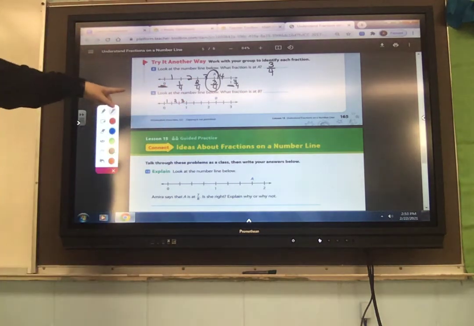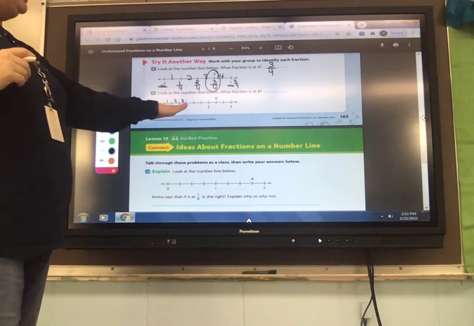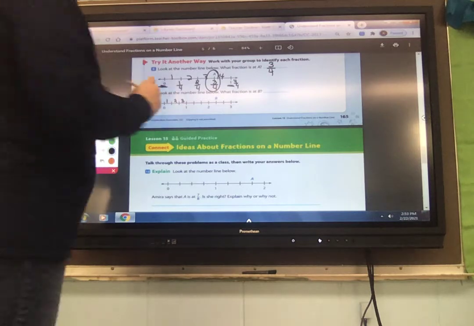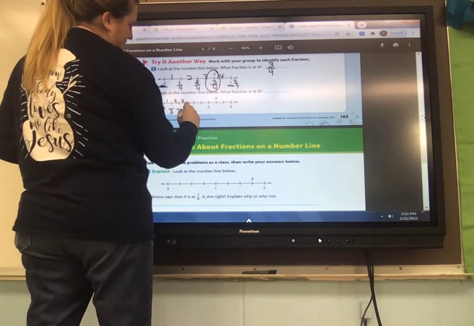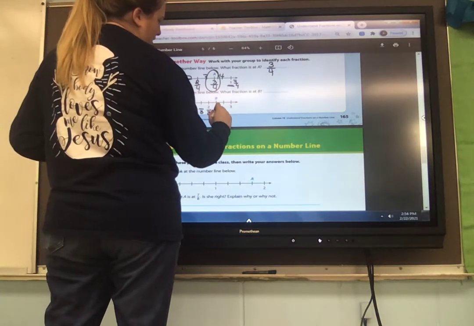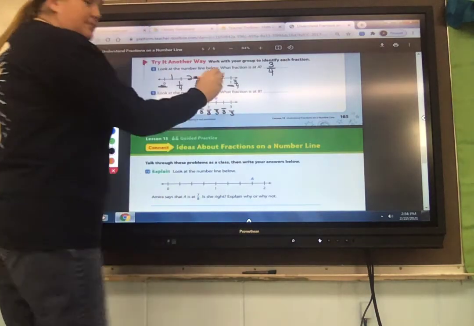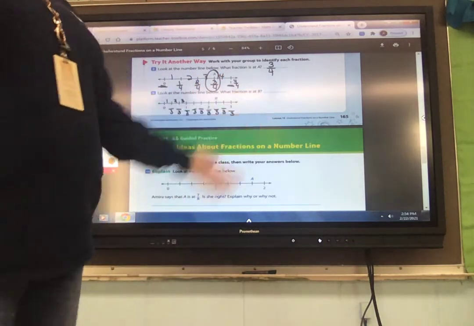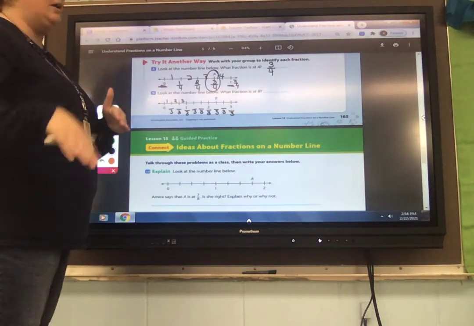There are 3 sections from 0 to 1. 3 sections means my denominator on every single line is going to be 3. So I'm going to go ahead and put my 3 all the way down my line. Even those whole numbers have a denominator of 3 because 3 sections between every single whole number.